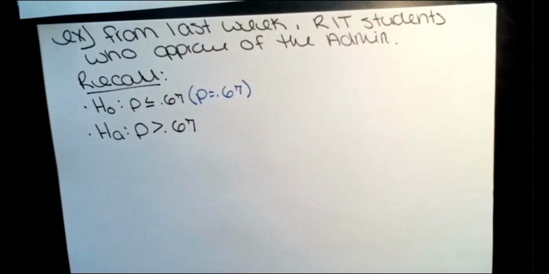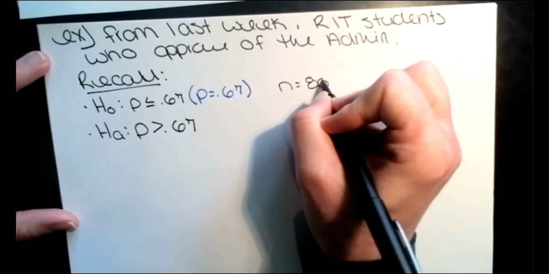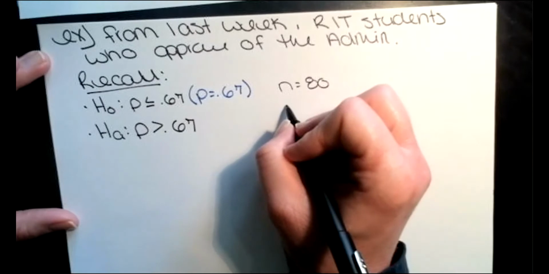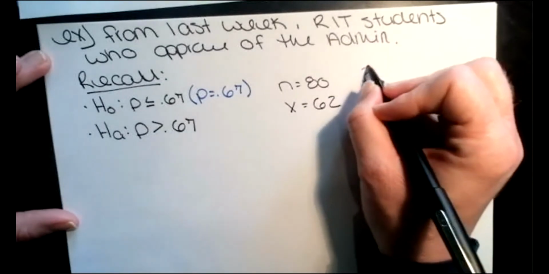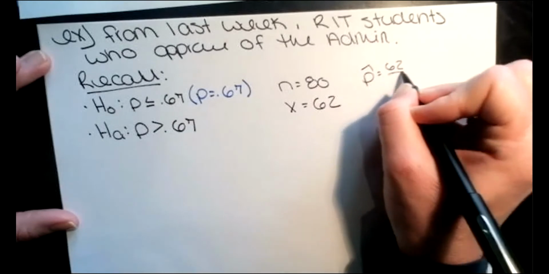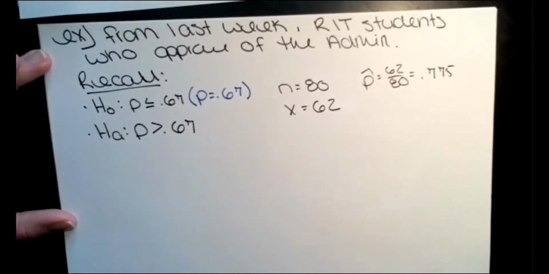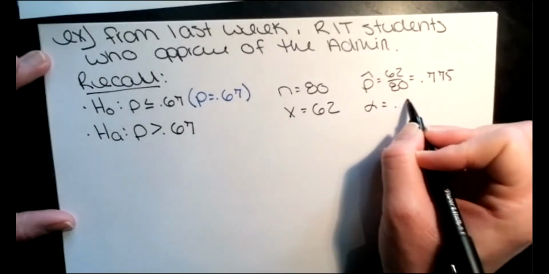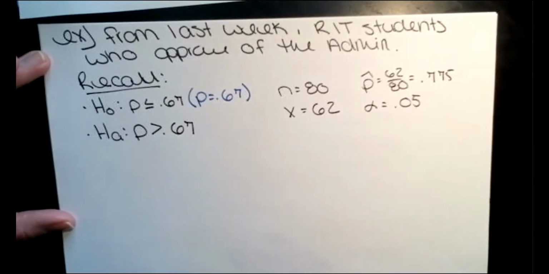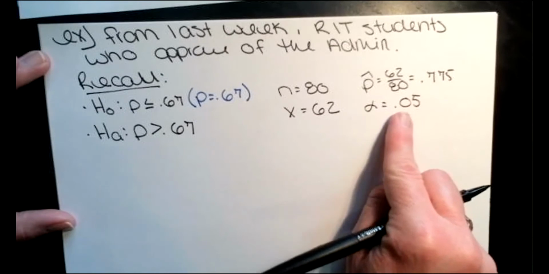Okay, we collected a sample of 80 students, and I believe 62, yep, said yes. So we got p hat, which was 62 divided by 80, and that was 0.775. Okay. We said our alpha should be 0.05, so 5%. So here it's important to now recognize what that is because we're actually going to use it now.